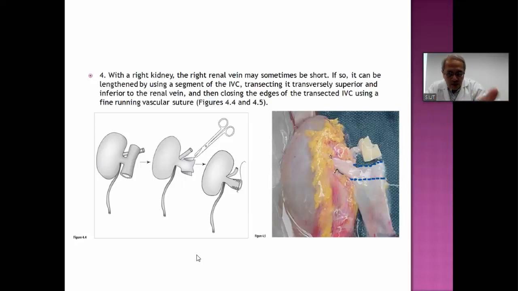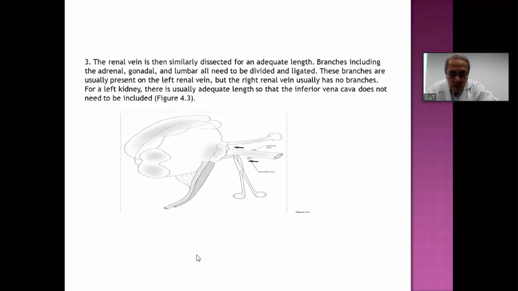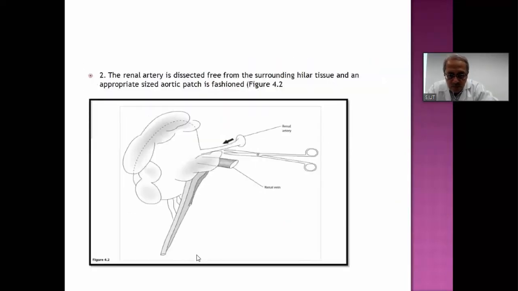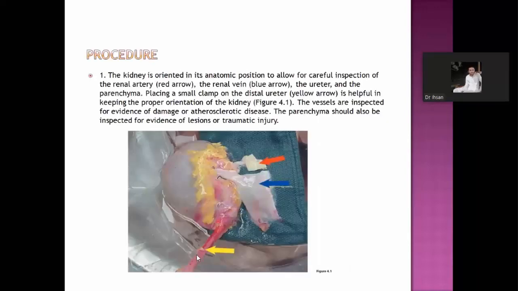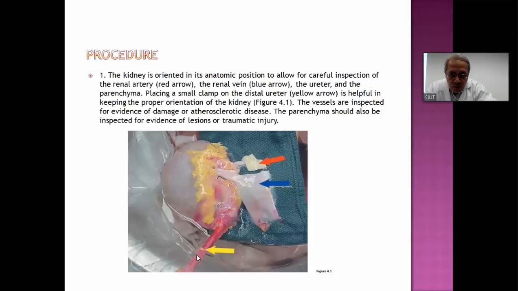But if you go back again to the slide, one back. Yeah, this one. So you see, there is one thing which is known as the patch of aorta. Now this is known as Carrel's patch.